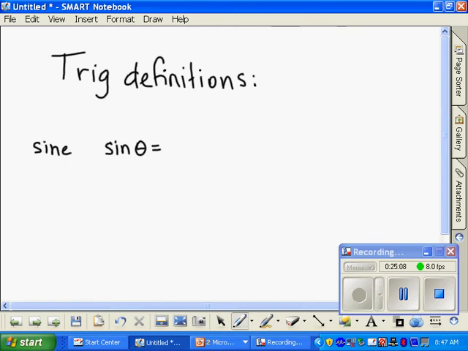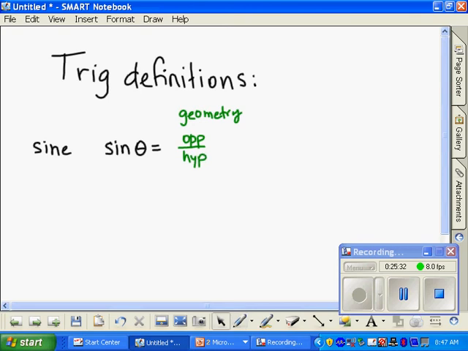When you were in geometry, it was basically just right triangle trig. You had this definition and it went with SOHCAHTOA. So sine was what over what? Do you remember SOHCAHTOA? Good. It was the opposite side over the hypotenuse.